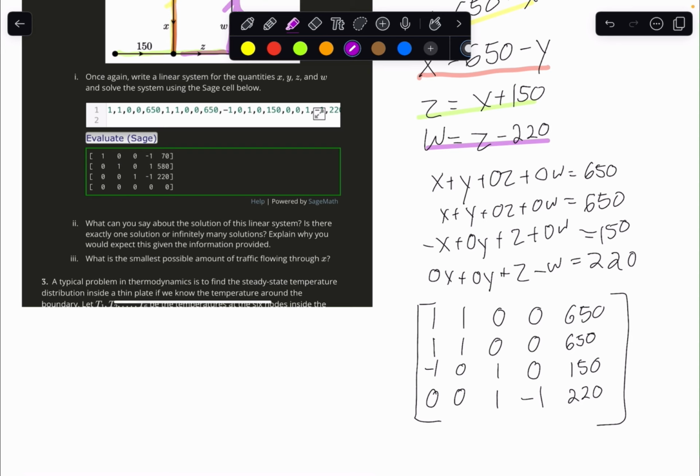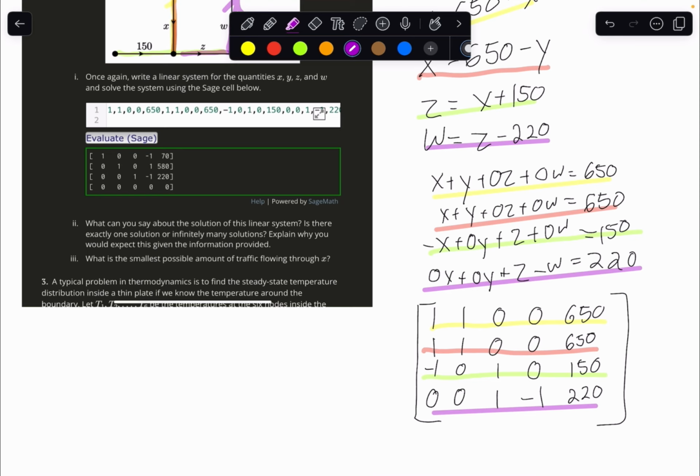I then rewrote them all so that it's easy to put them into matrix form with the values. And then they got put into that form with the leading coefficient being the one put into the matrix. And then when I put it into Sage, it gave me the reduced echelon form.